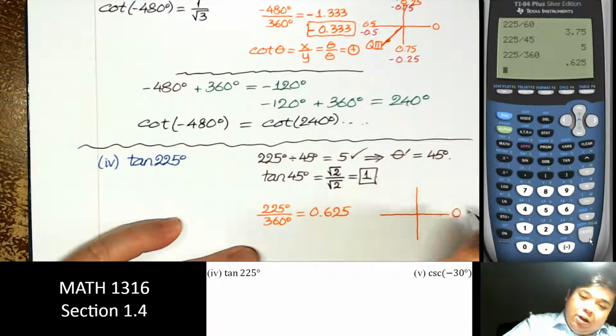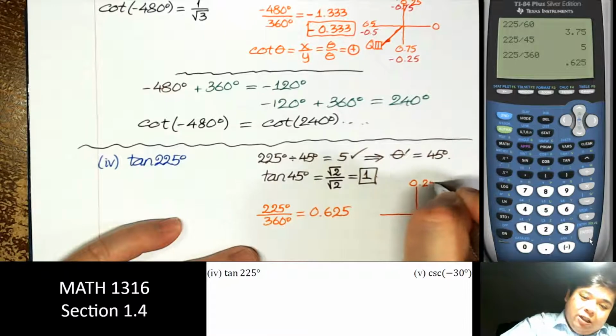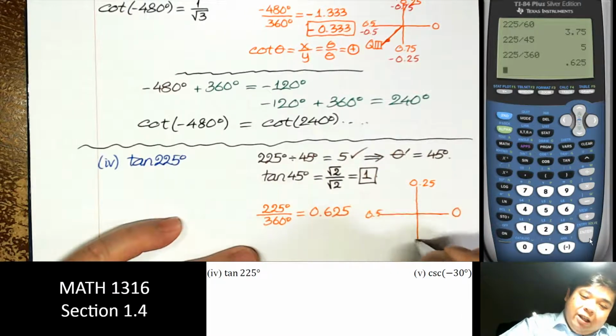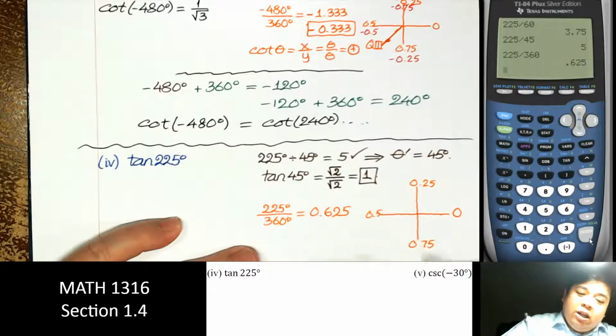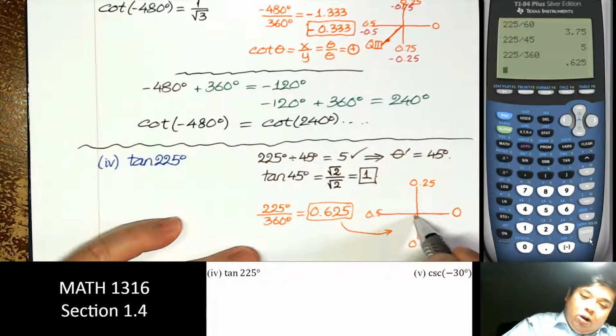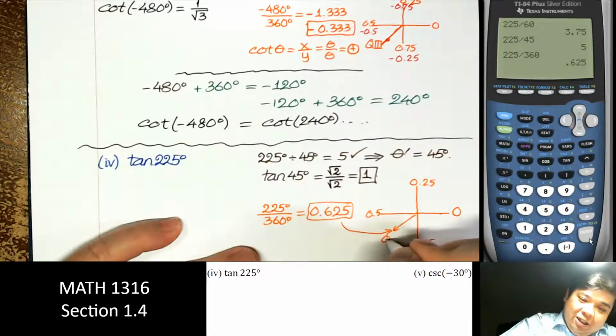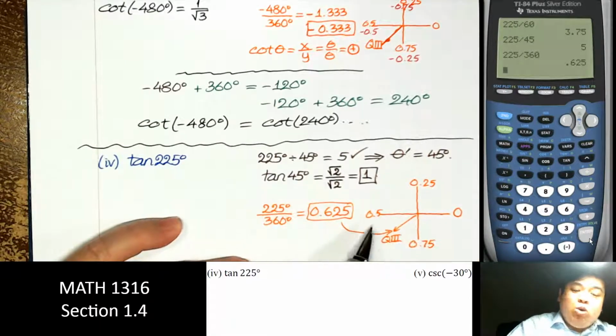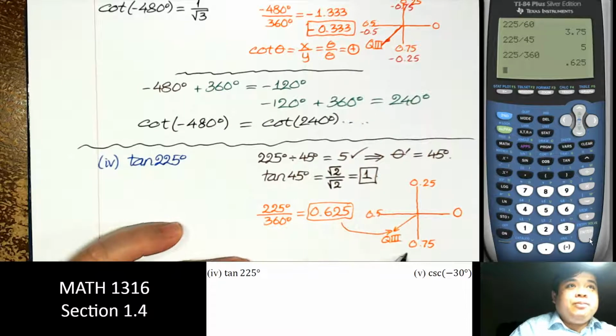So 0, a quarter, a half, and 0.75 is three quarters. And 0.625 here is in quadrant 3 because it is between 0.5 and 0.75.